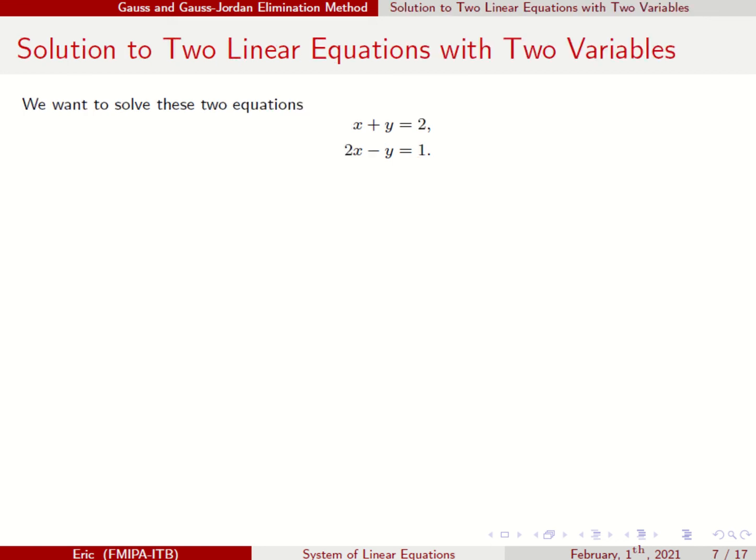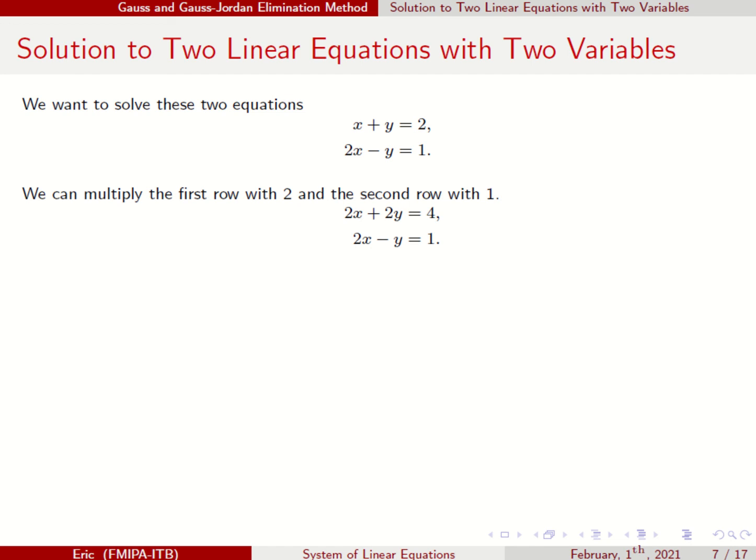Here, I have x plus y equals 2 and 2x minus y equals 1. I want to find the intersection of these two lines geometrically, or algebraically, I want to find the solution of these two linear equations with two variables, which we usually call a system of linear equations.